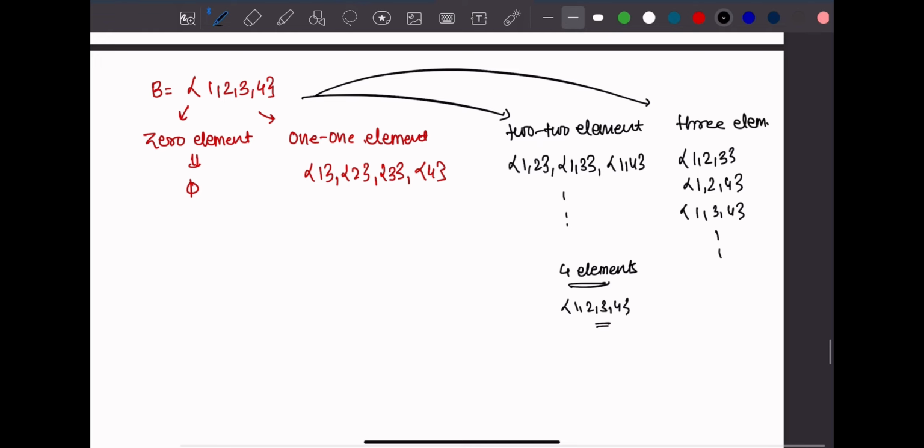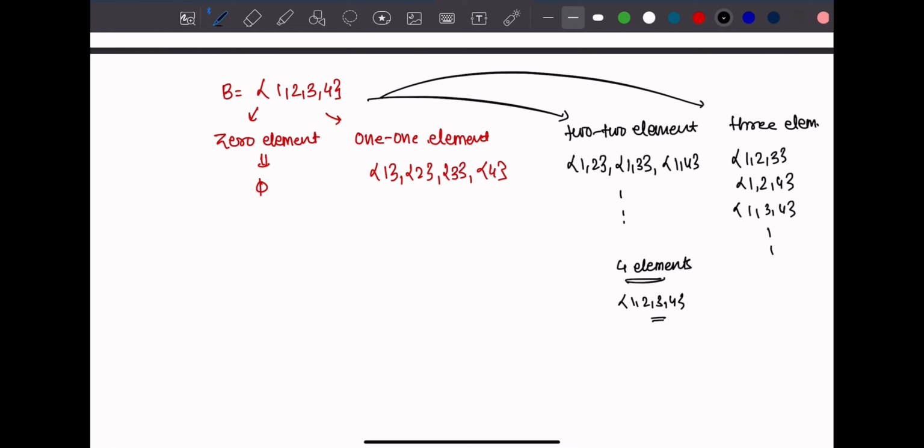So two things we observe: if we make subsets, we will always get φ and the set itself. So we will write two points in the form of a note.